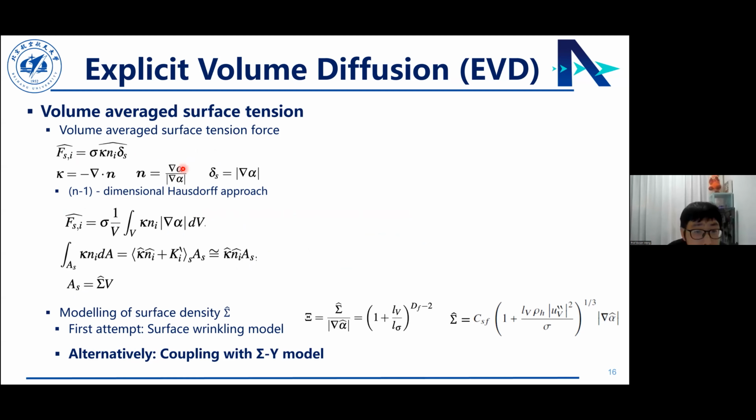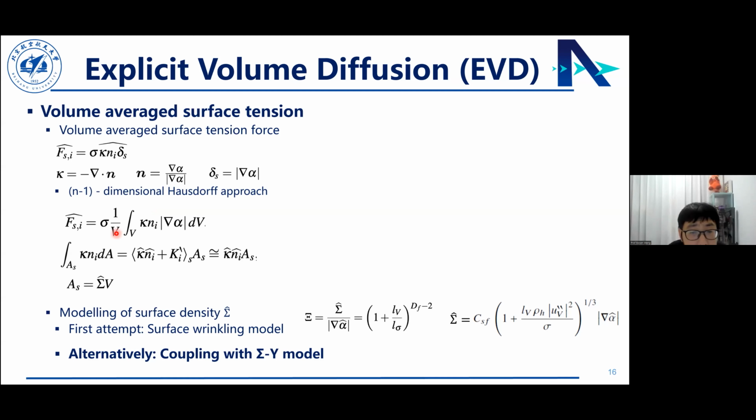For this term we do a volume average. We first do a volume integral and then divide by the volume. We apply this approach, we can transfer it to a surface integral value, and then we do an approximation.